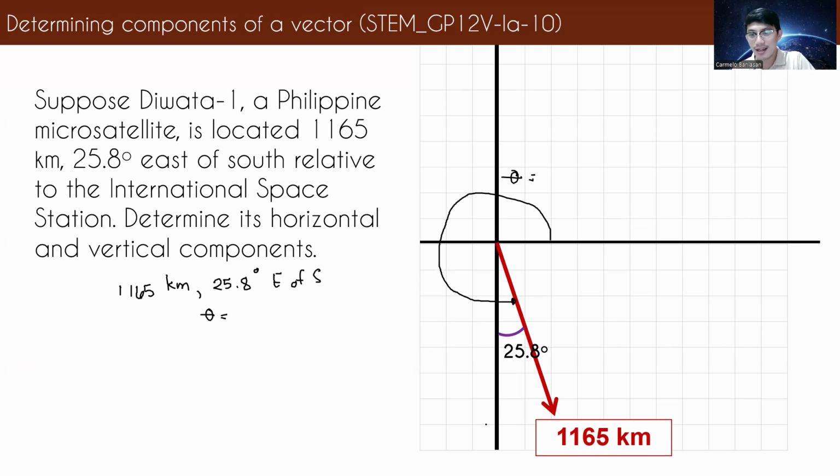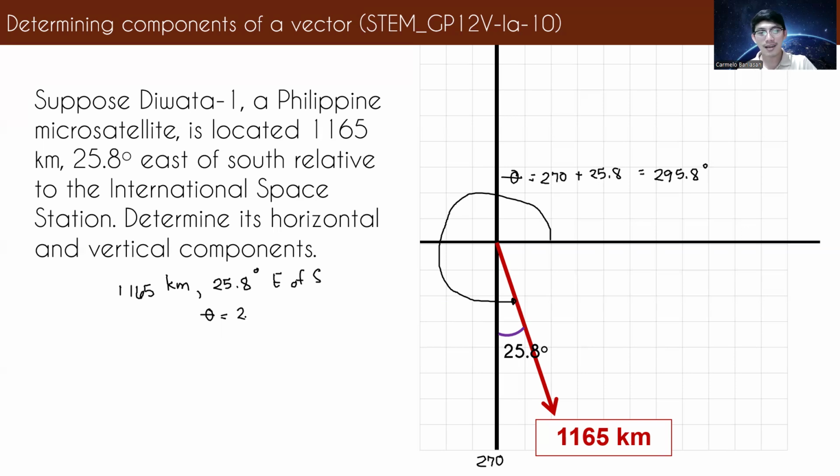And our standard angle is just, we know this is 270, right? But it extends beyond 270. So it should be 270 plus 25.8. And that gives us what? 295.8 degrees.